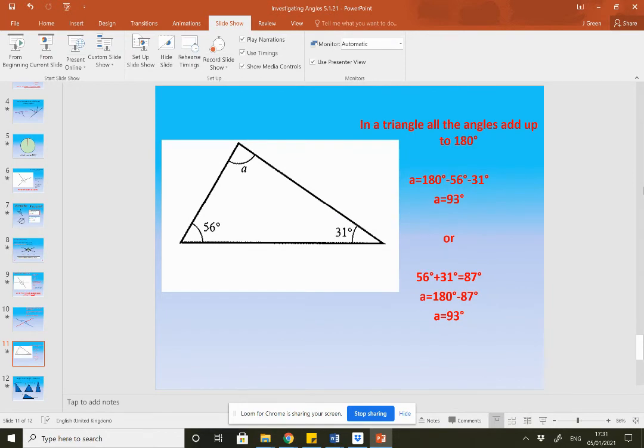We have to subtract 87 from 180, or to get the same answer, work out what number we add to 87 to get to 180. If it were me, I'd use column subtraction, would you, Mrs. Wallen? Yeah, and you'd get an answer of 93 for angle A.